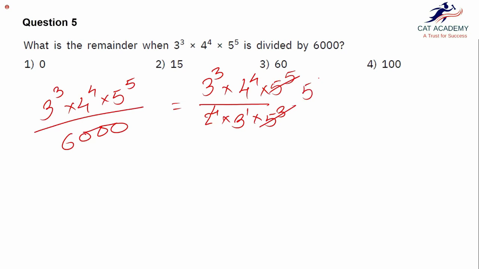Cancelled 5 raised to 2, cancelled 2 raised to 4, cancelled 3 raised to 2. So my denominator completely got cancelled. Since my denominator completely got cancelled, it means that my denominator is a factor of numerator.